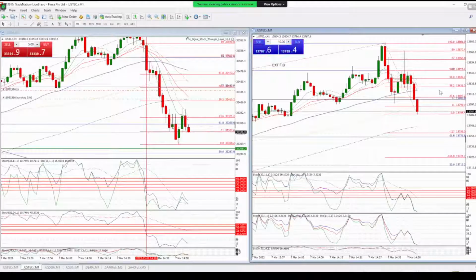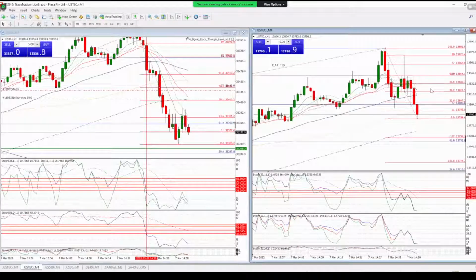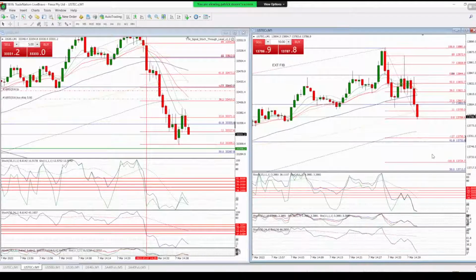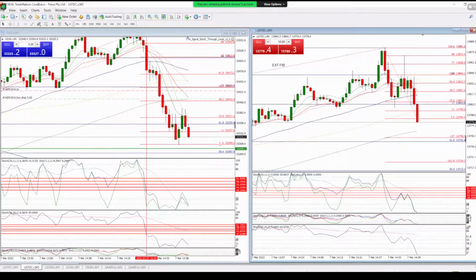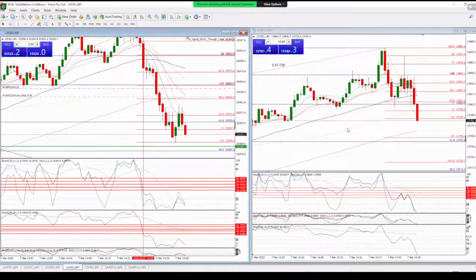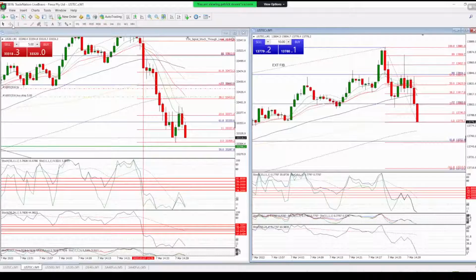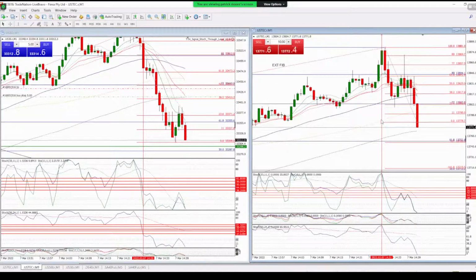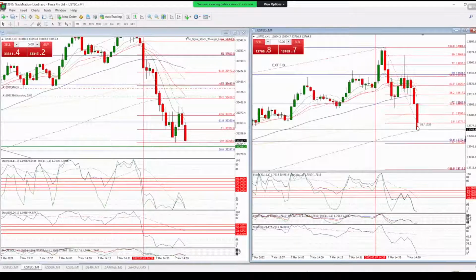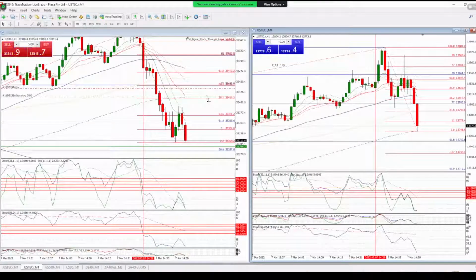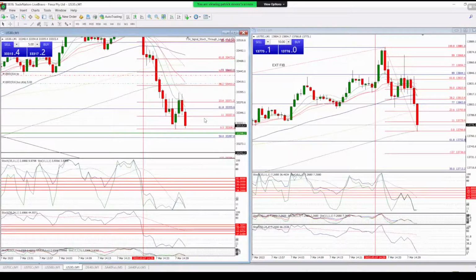Waiting for the end of this 5 minute candle to see moving average crossover on 5 minutes on the Dow, 8-21.